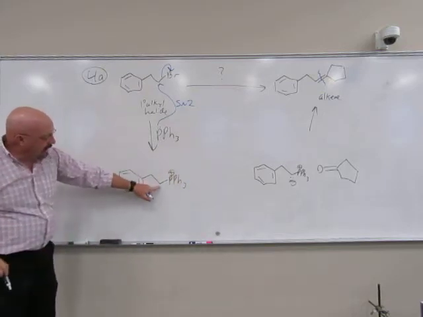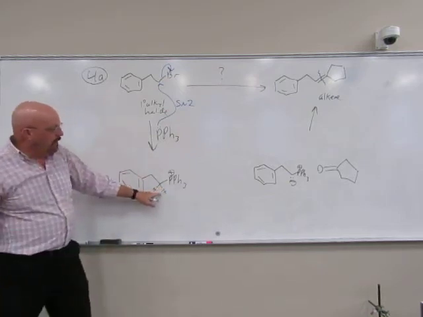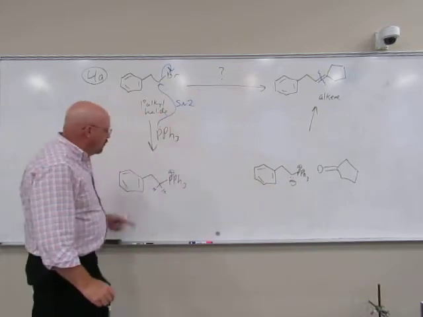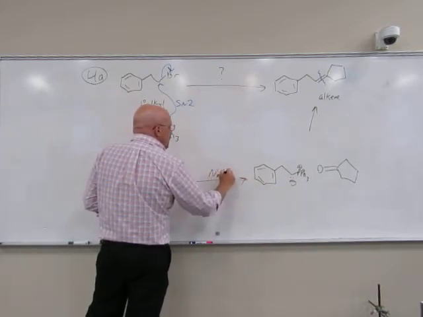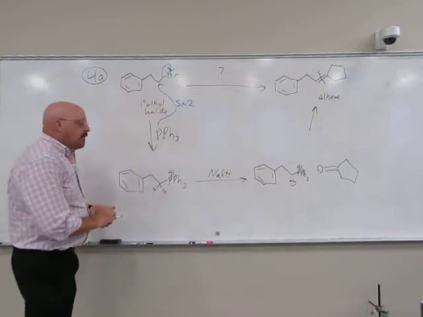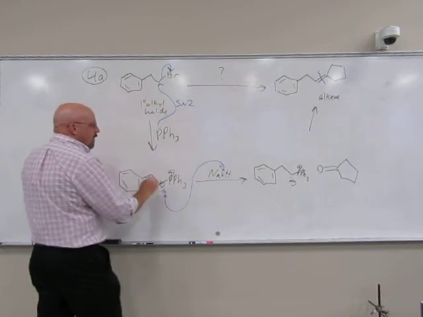And then to get a hydrogen off, there's two hydrogens right there right now. You need to pull one of those off so that you will have a negative charge. All you need is any strong base. You could do sodium hydroxide, that would be fine. And the base will pull that hydrogen off and give you the ylide.